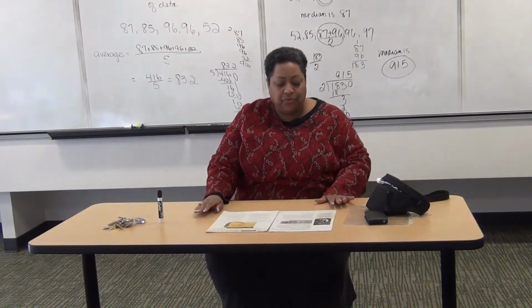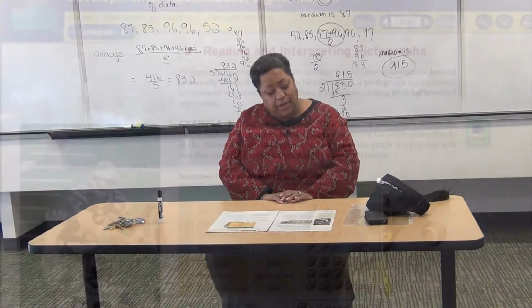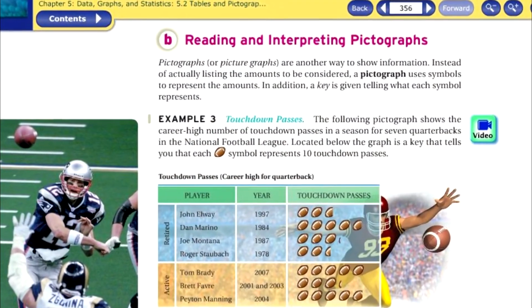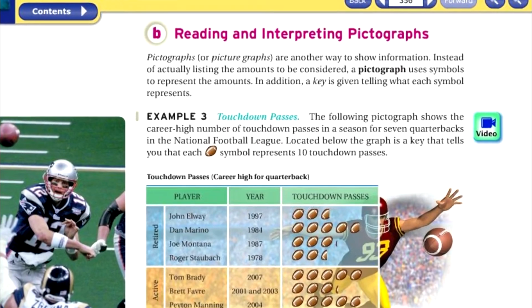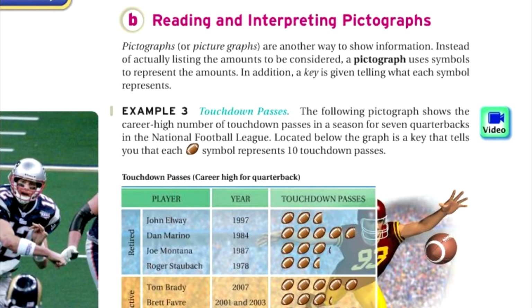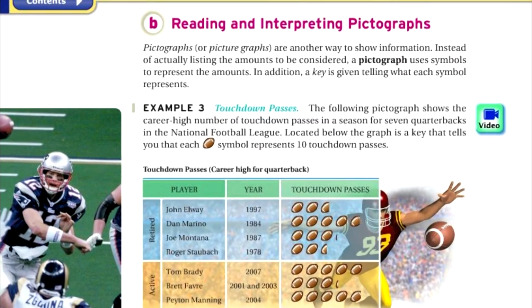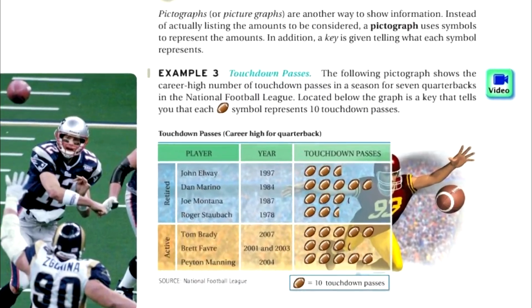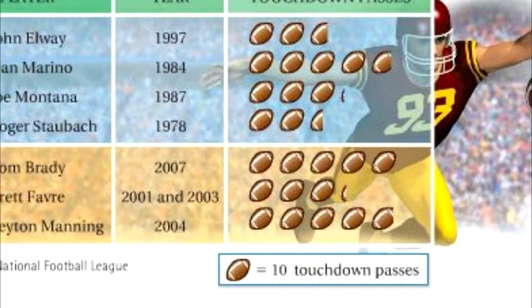And like I told you before, let's turn again to page 356. This is another table, and this is a table of touchdown passes. This is a pictograph. Remember I spoke about that before? A pictograph is when they use pictures to illustrate the amount of data. And at the bottom of the data, you notice there is a key.